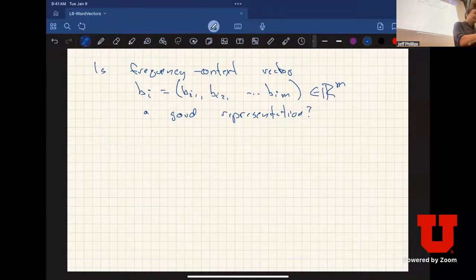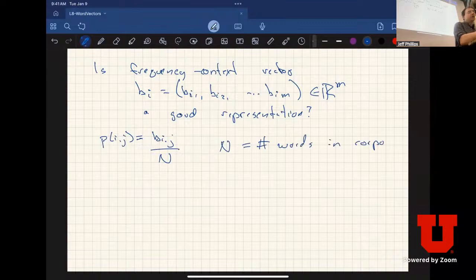So I'm going to do a couple of steps. I'm going to do P_ij is going to be b_ij divided by N, where N is the number of words in the corpus.